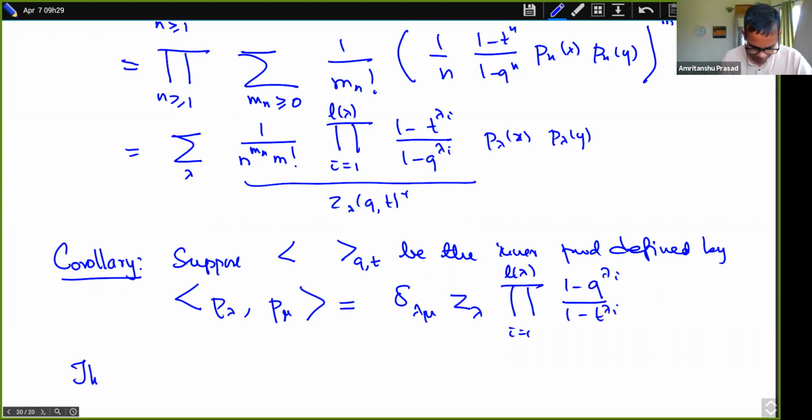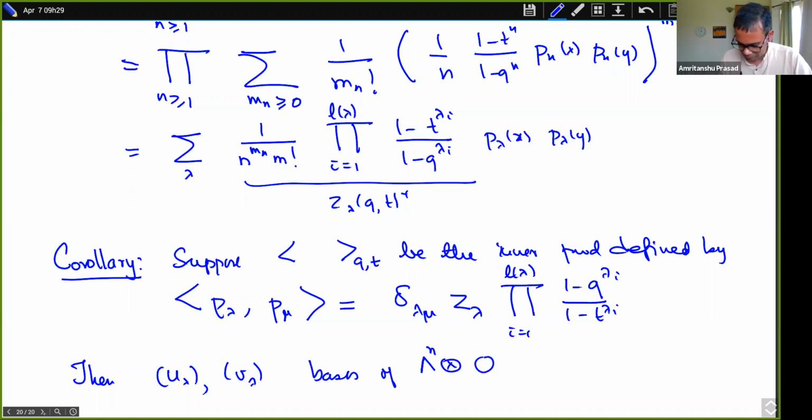Then if I have a family of polynomials u lambda and v lambda, suppose these are bases of lambda, the symmetric functions, let's say of degree n, indexed by q. Now we have rational functions in q and t as lambda runs over partitions of n.